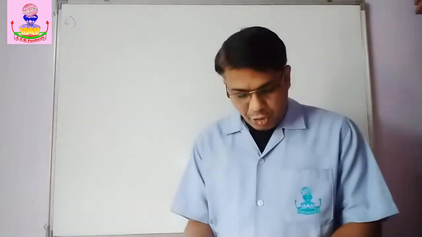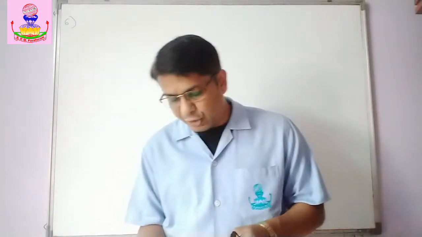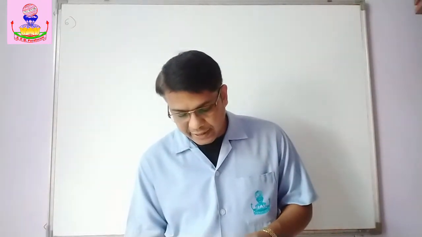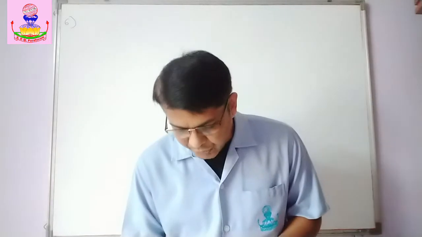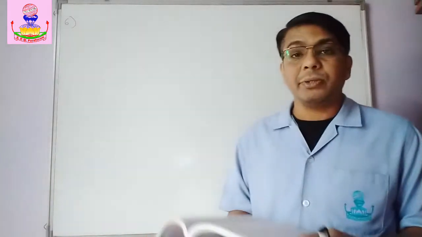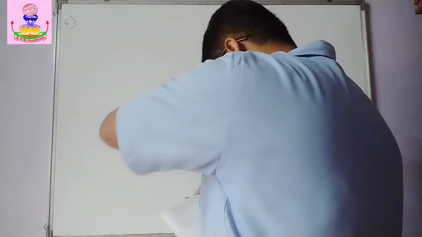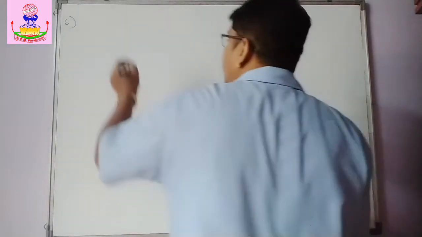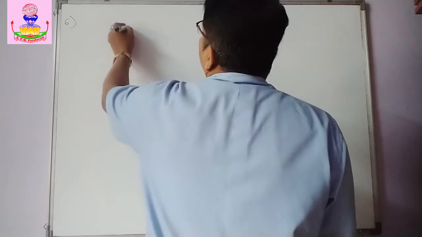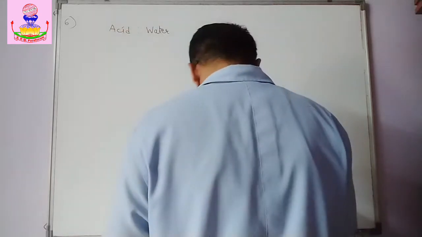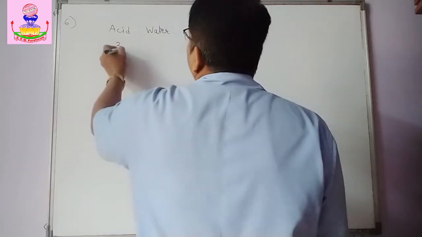Now the sixth example: how many liters of concentrated acid should be added to 135 liters of water to get the ratio of acid to water in that mixture as 3:5. Now, first we will write the ratio, acid to water. So acid is to water, the ratio is 3:5.